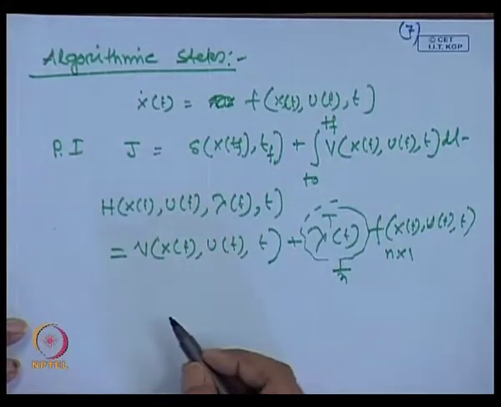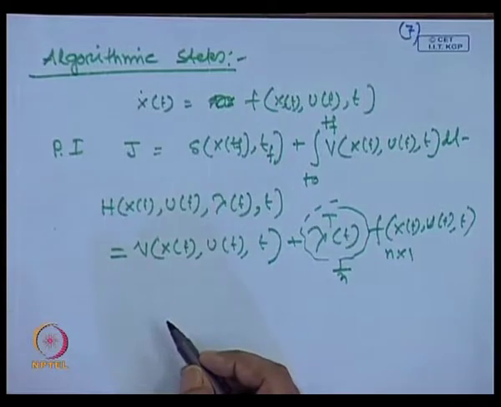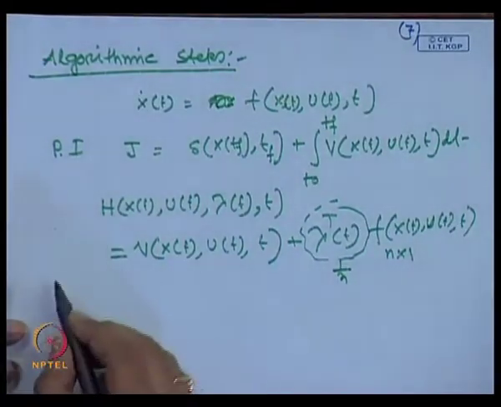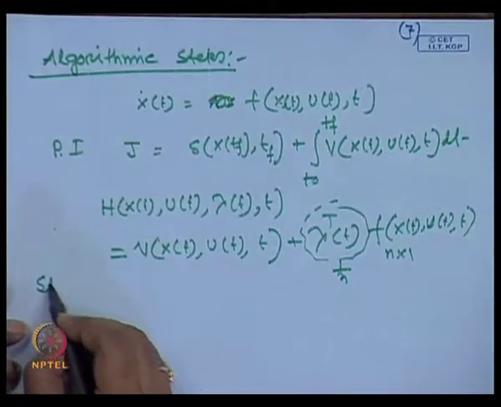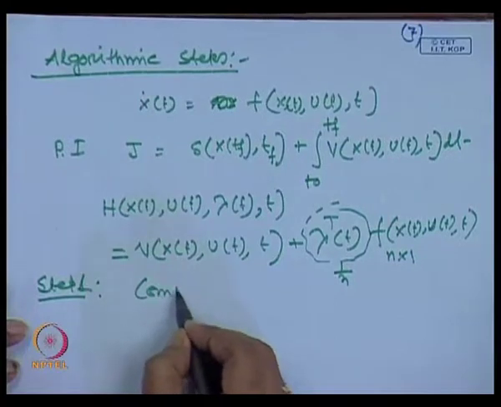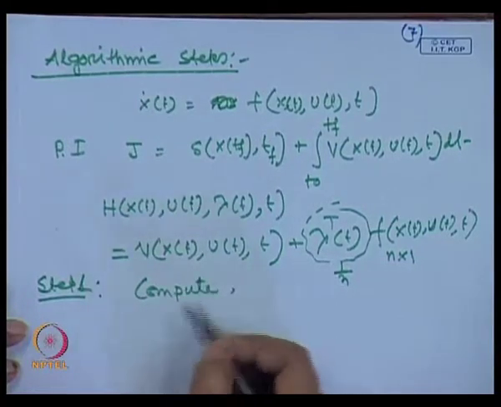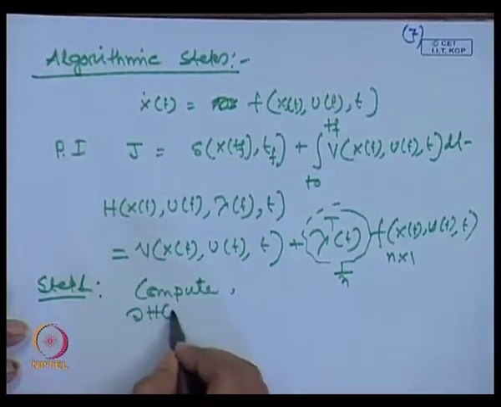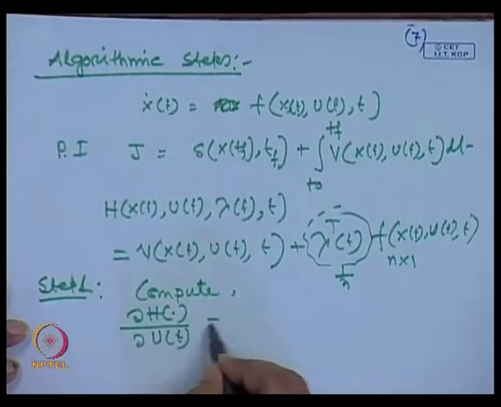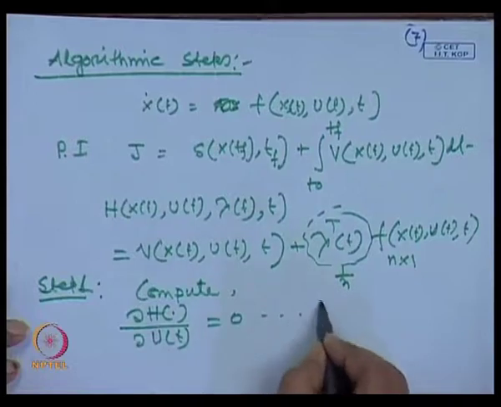Once you know the Hamiltonian function, step 1 is to compute del H del u star equal to 0. Let us call this equation number 1.